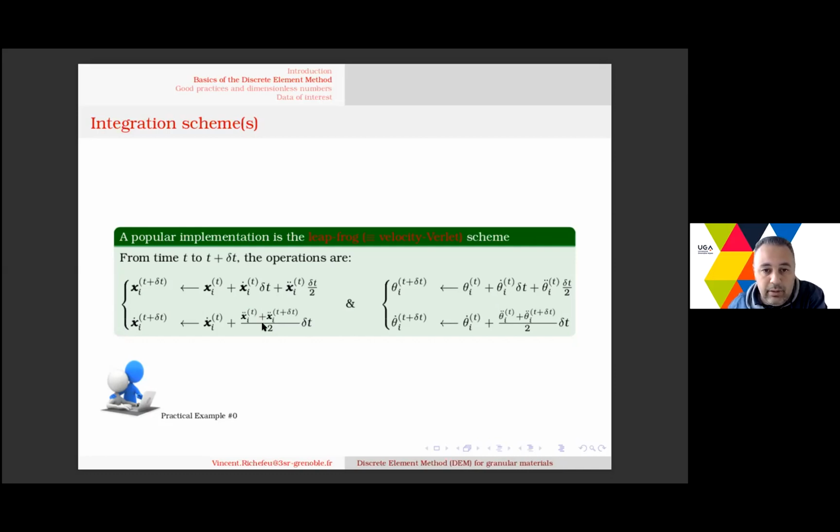So this will be updated in two stages. We first evaluate without that one. Then we compute the forces, and then we update with only that one. Okay, this is the particularity of the scheme, and it is known to be very stable, easy to implement, etc.